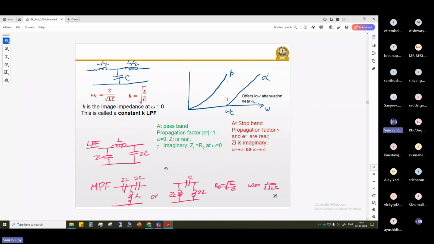Any other question? So even after omega C, where beta is not highlighted, the phase difference will still exist, right? Come again, your first part was a very small sound, I could not hear it properly.